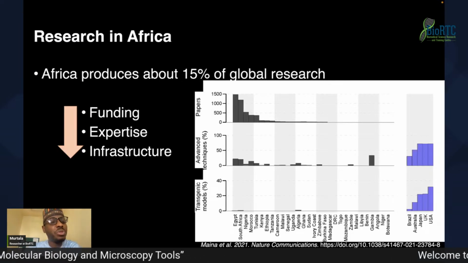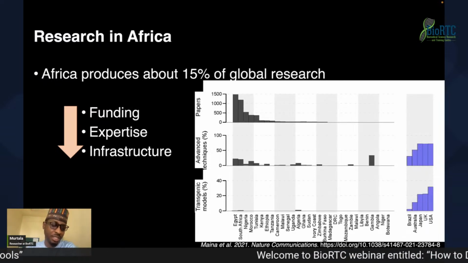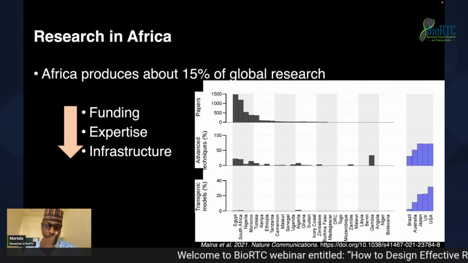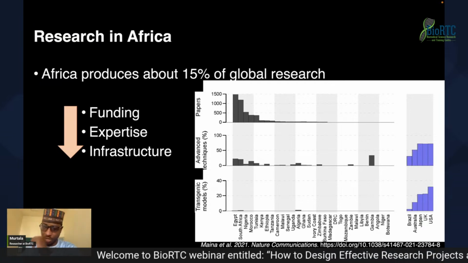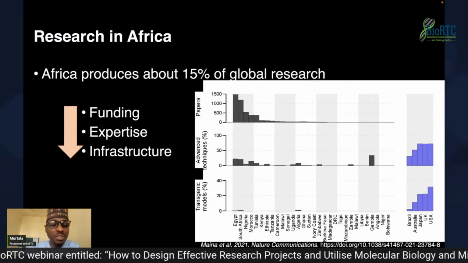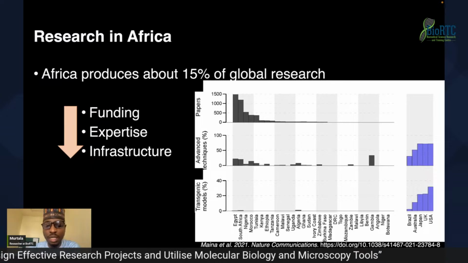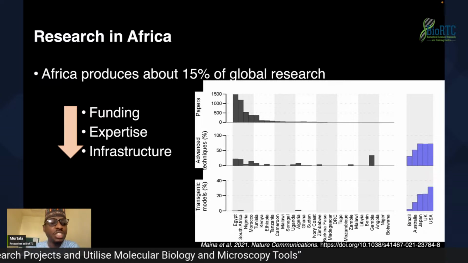As a way of introducing why there was the need to establish a center like BioRTC, in 2021, some researchers of the center conducted a comprehensive study on research capacity in Africa in neuroscience research.